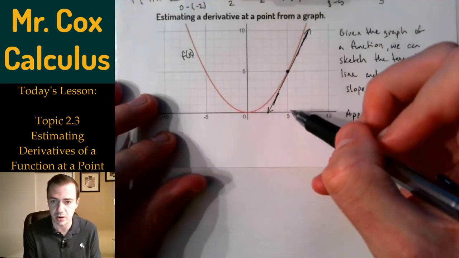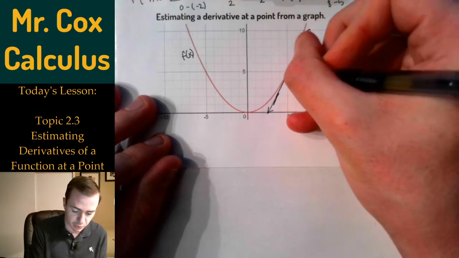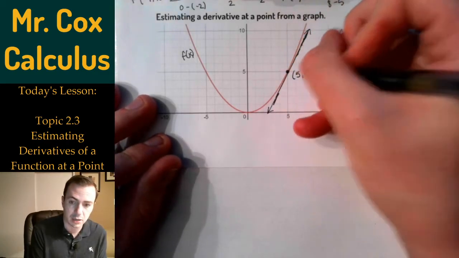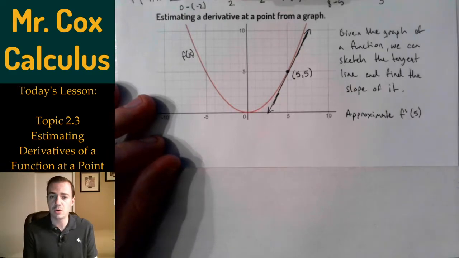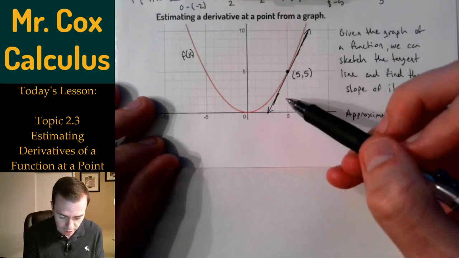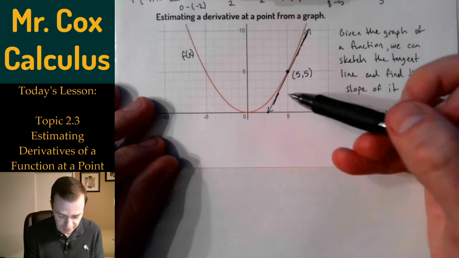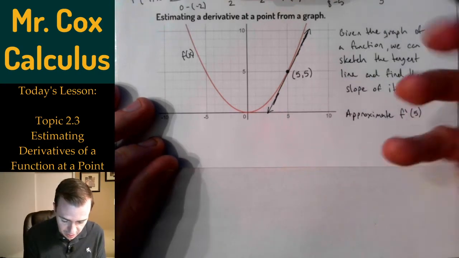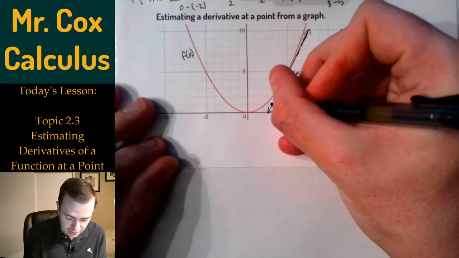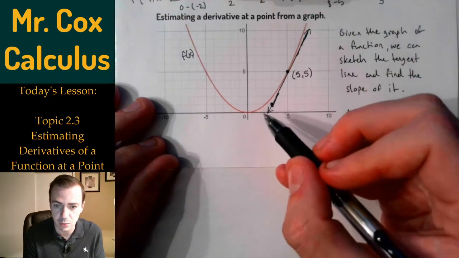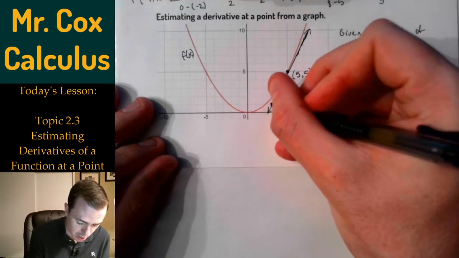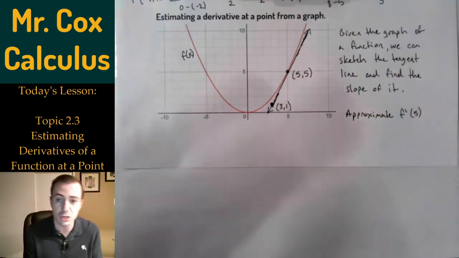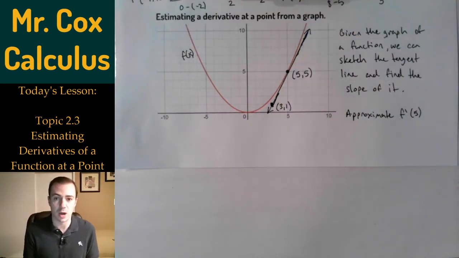Well, one of them I already know, since it's labeled. I'm going to use the point 5, comma 5. And then if I look at any other point where I hit an intersection, it looks like I've got this point right here, which is at 3, comma 1.